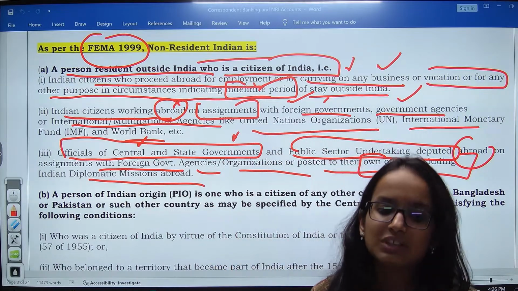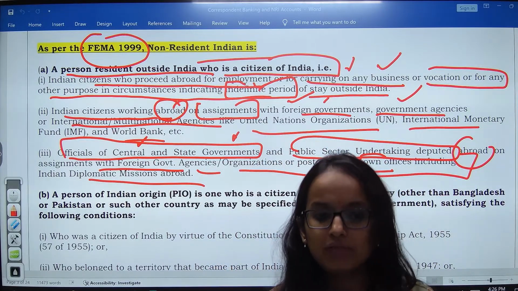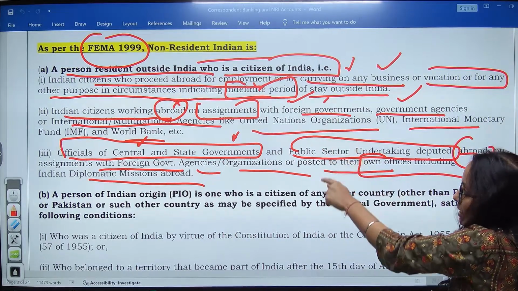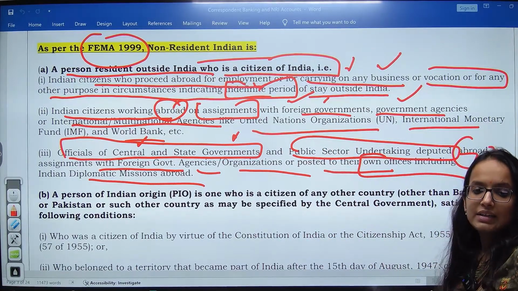So these people will also be classified as non-resident Indian as per the FEMA 1999.